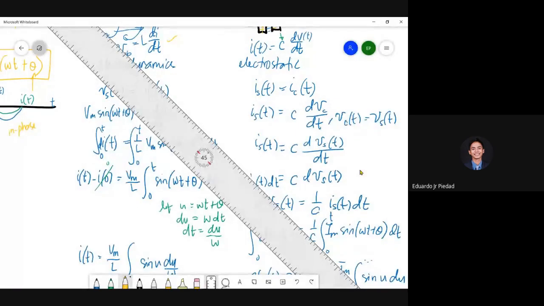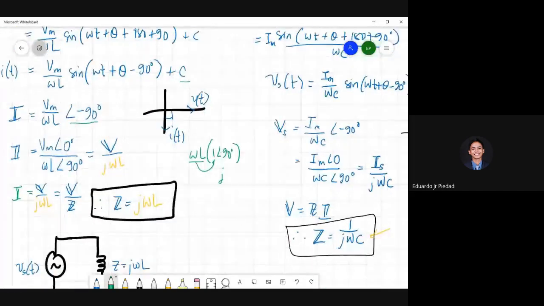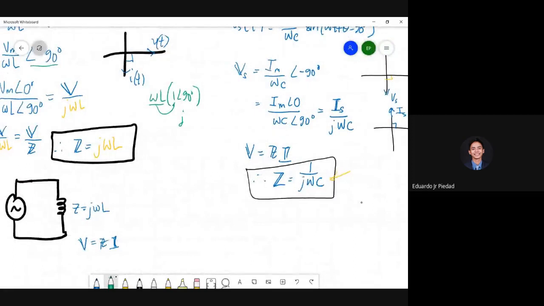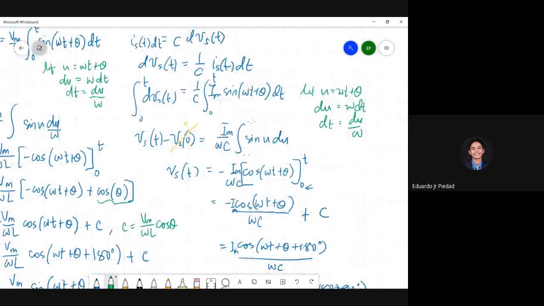And if you have any question, I would like to entertain your question. So in reality, there's no perfect or pure inductor circuit or inductive circuit, and there's also no perfect capacitor circuit.